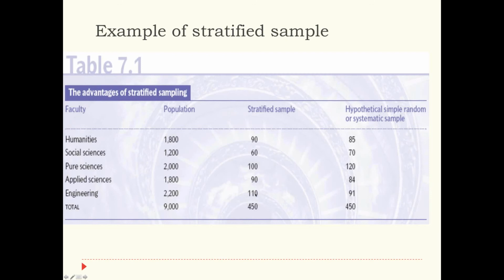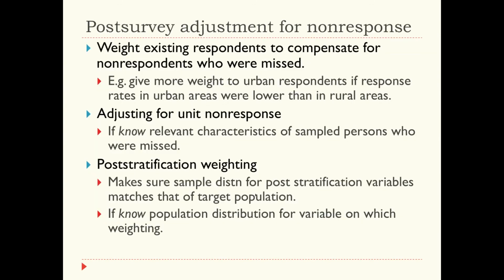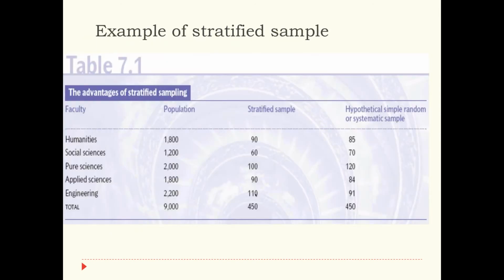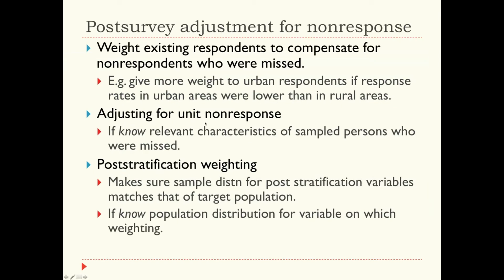Well, we could then construct weights to say, even though we only managed to interview 60 engineers, we should have had 110. So we're going to count those that we did get as if they were worth almost 2 people. That's called post-stratification weighting.